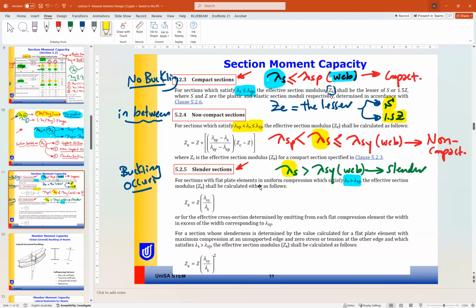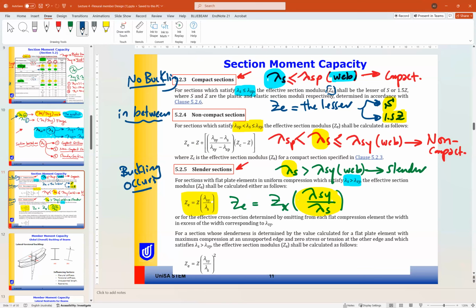For a non-compact section, or let's start with the slender section. For a slender section, Z effective equals Z from table ZX multiplied by a ratio of lambda sy divided by lambda s. Is this value, is this percentage more than 1 or less than 1?